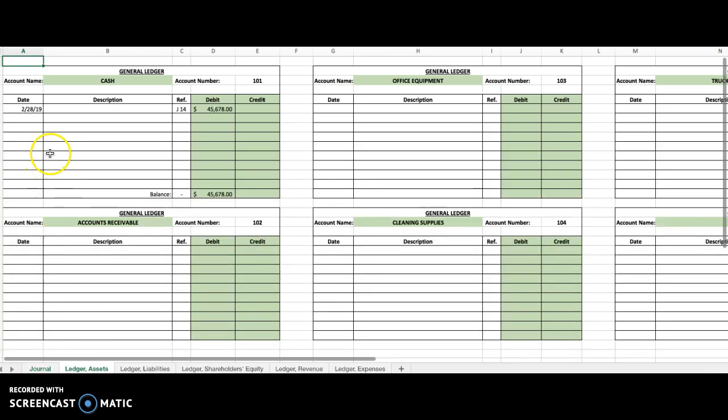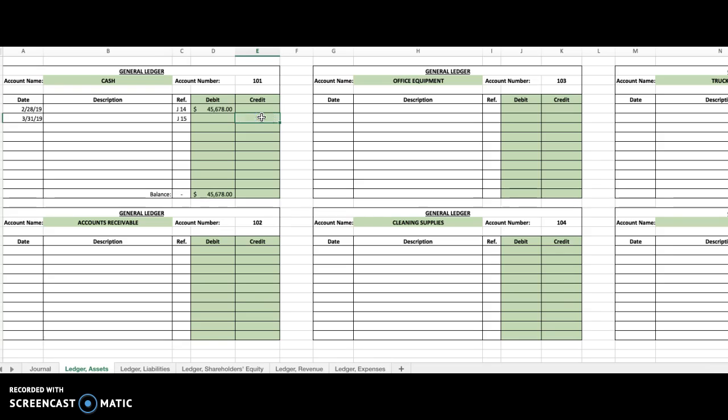we go to the cash account. And this is J15. And we credit because we spent cash. Okay, and you can see what happened to the balance here. It went down.